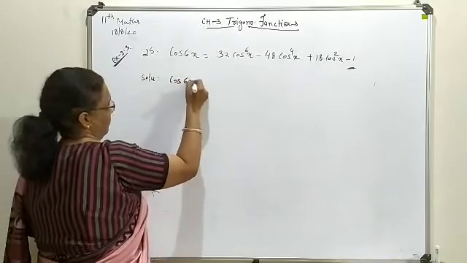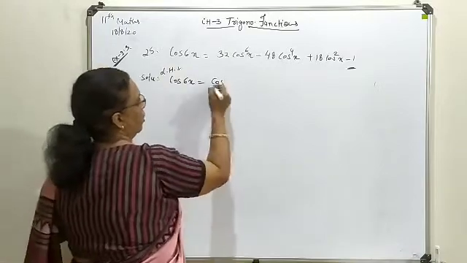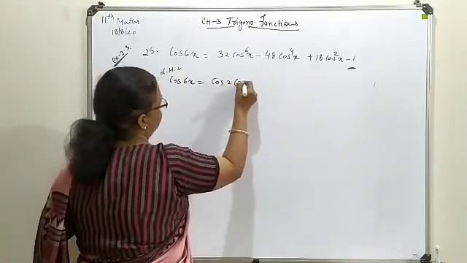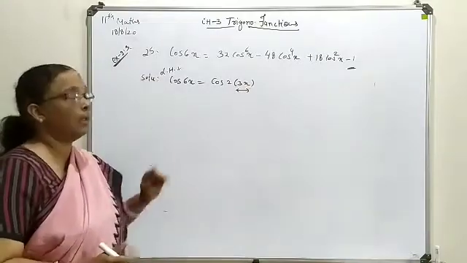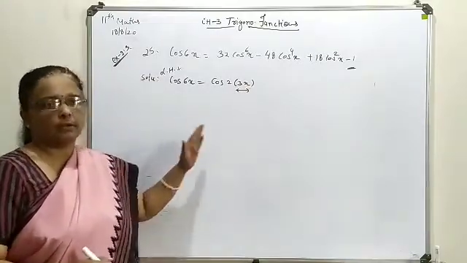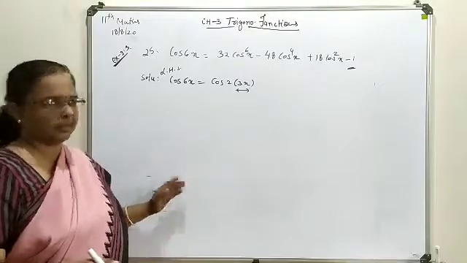Cos of 6x, it can be expressed as cos 2 into 3x. As in the last two cases we have converted the question form, here also the same. You will develop your theta as a separate form.